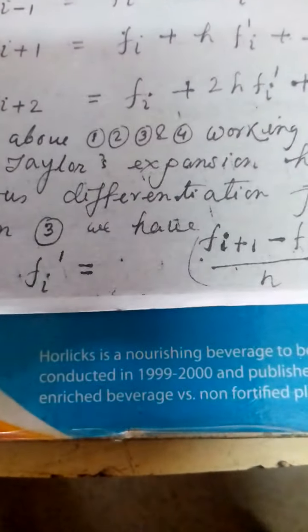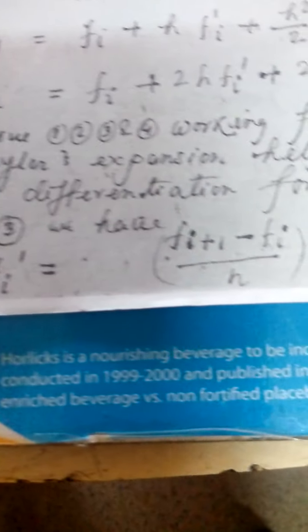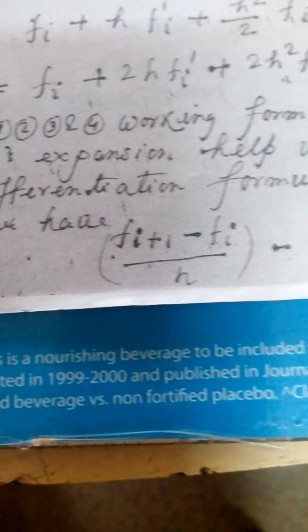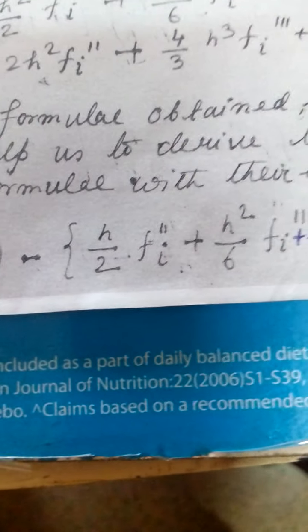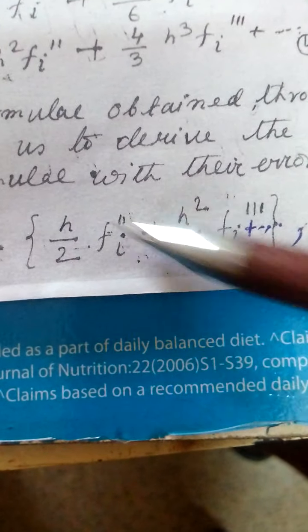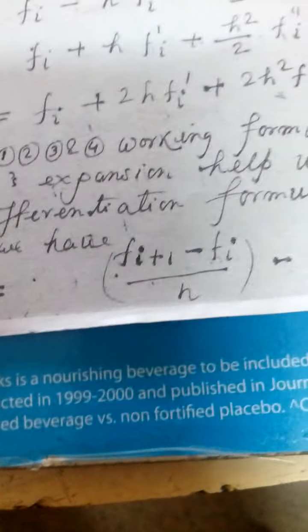It is the simplest form for fi dash. The first derivative, we will be using this formula plus some error. There is some error. This total we will consider as an error if we use the formula up to this.